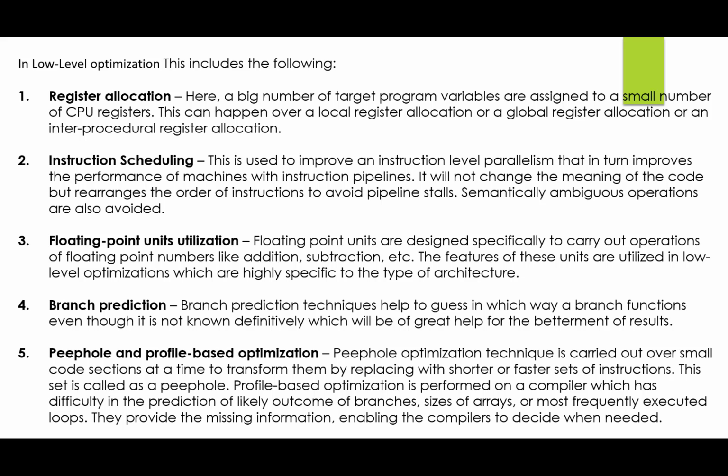This is used to improve instruction-level parallelism, which in turn improves the performance of machines with instruction pipelines. It will not change the meaning of the code, but rearranges the instructions to avoid pipeline stalls. Semantically ambiguous operations are also avoided.